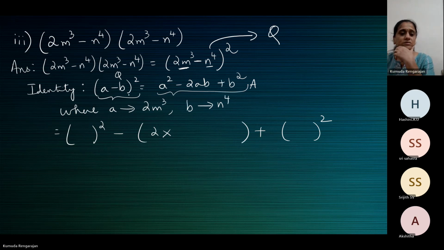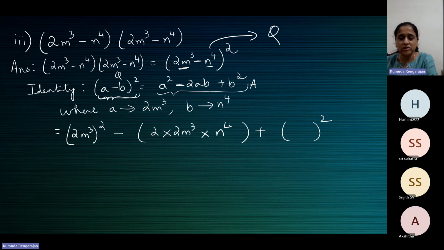Okay, so this is the question and this is the answer. Now see, what should I write in the first bracket? A squared, minus from the identity, then 2AB: 2 into A, 2m cubed, into B, n to the power 4.